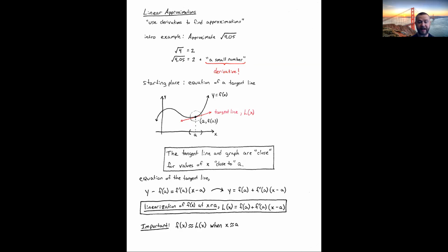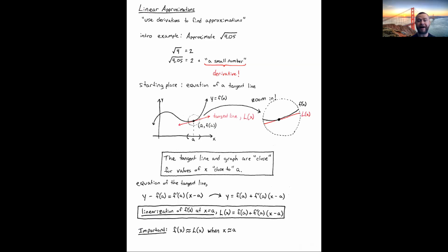So we're going to translate that to say down here, f of x is approximately equal to the linearization when the x values are approximately equal to a. That's the same thing as above. The graph and the tangent line are close when your x values are close to a. This important idea is going to be what allows us to use calculus to find approximations.